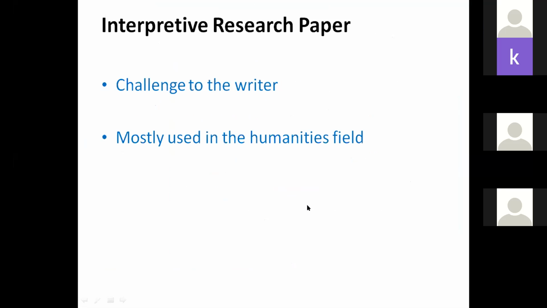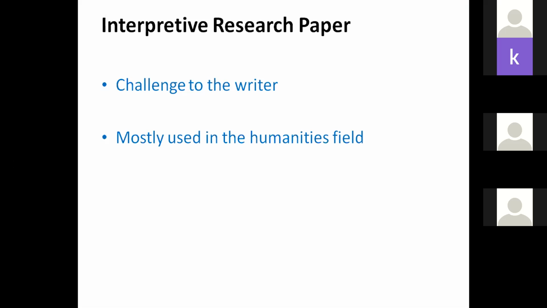Then comes the interpretive research paper. It proves to be a challenge to the writer, as it is not only demanding for writing and research, but it also requires critical and analytical thinking, because you are interpreting something.